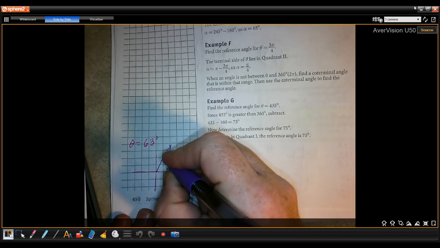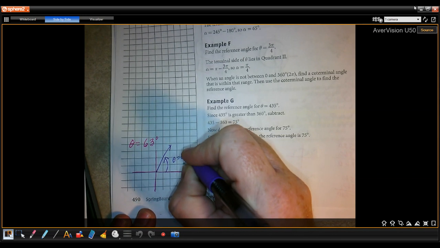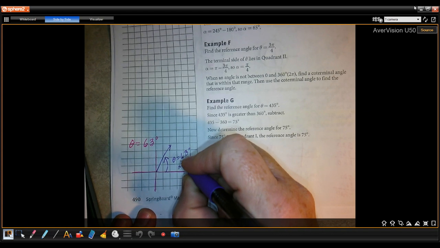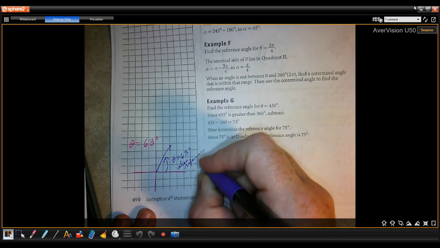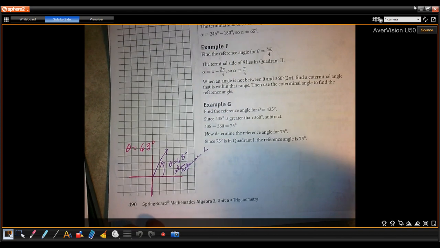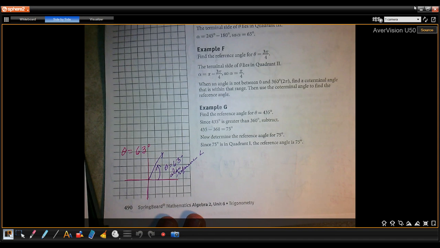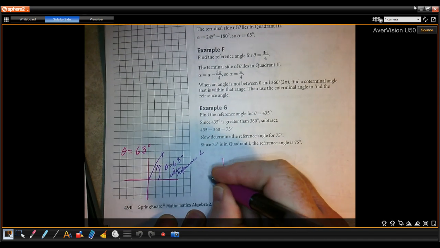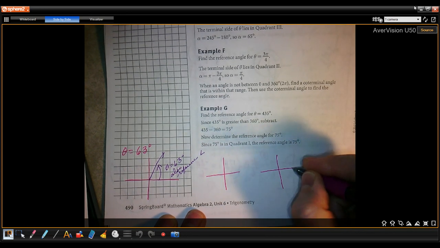So this is theta is 63, which is also the reference angle, because you learned in the top part, it's the same thing when it's acute. Now let's do 3 more. We'll do one in each quadrant.